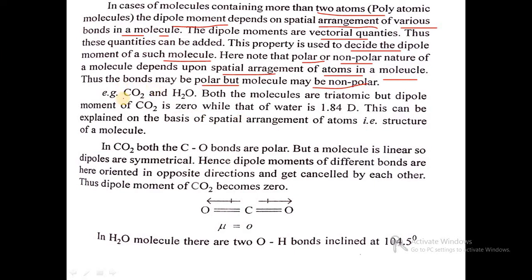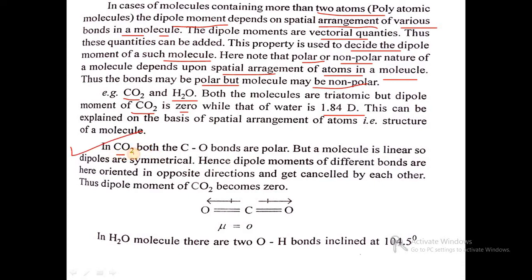For example, CO2 and water are both triatomic molecules, but dipole moment of CO2 is 0, while that of water is 1.84 D. This can be explained on the basis of arrangement of atoms surrounding the central atom. So first example, very important one.